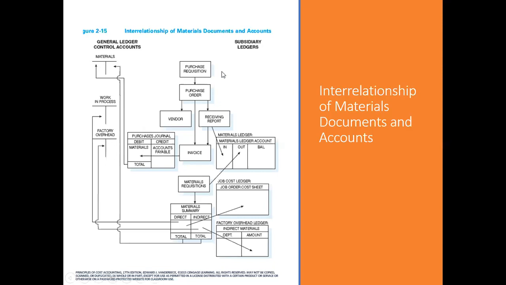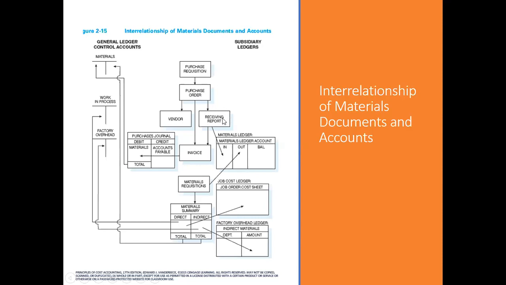So, for example, we see our storeroom person sees that we're getting low on a material, and he or she fills out this purchase requisition, which then is sent to the purchasing department, and that's what the purchasing department uses to fill out a purchase order and place an order, right? The purchase order, then a copy goes to the vendor, and a copy goes with the receiving report, right?